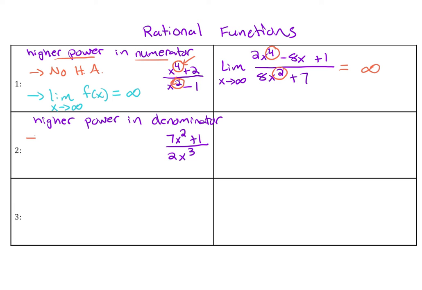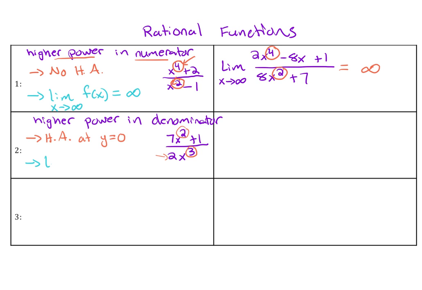So in this case, if you have a higher degree in the denominator than the numerator, if you plug in infinity, the denominator is going to grow much faster than the numerator. And when you have a much larger number in the denominator, it will get closer and closer to 0. So in this case, there is a horizontal asymptote at y equals 0.